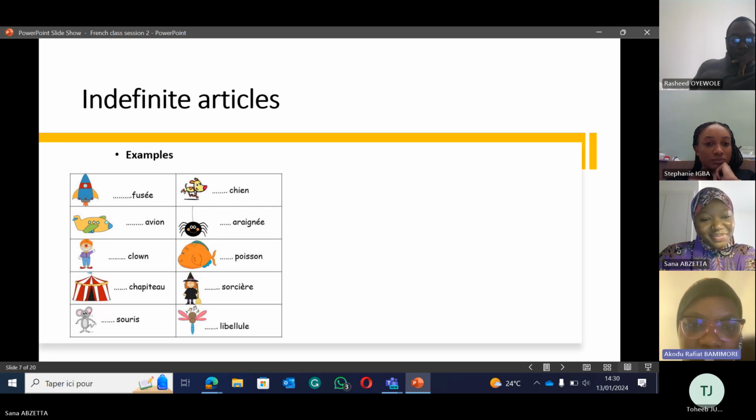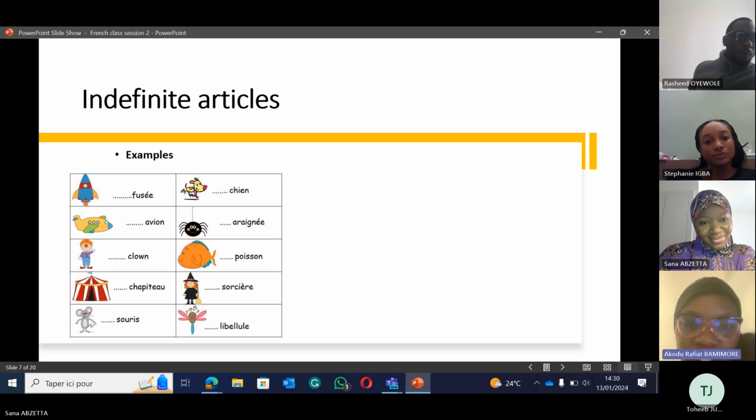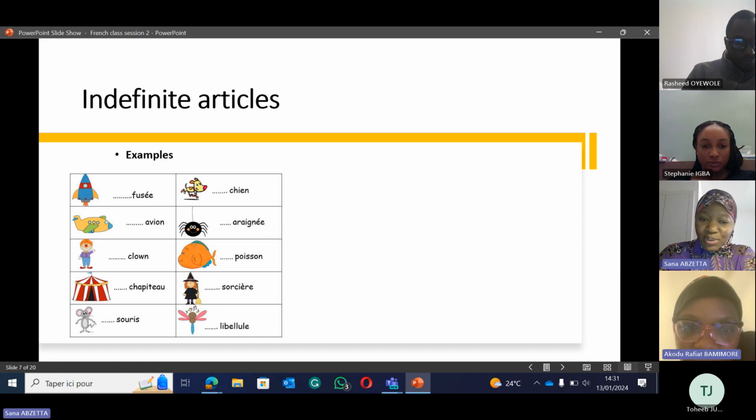Un clown. Un chapiteau. Un souris. Un chien. Un araignée. Un poisson.